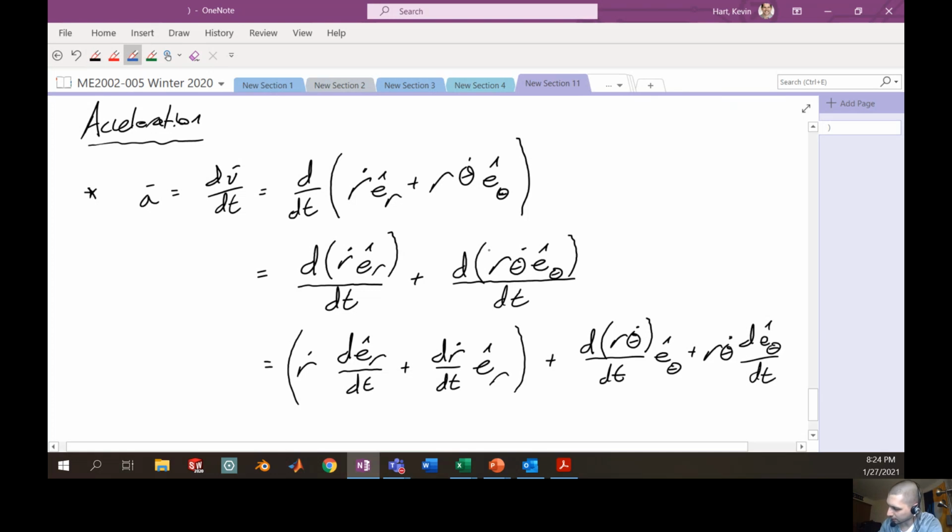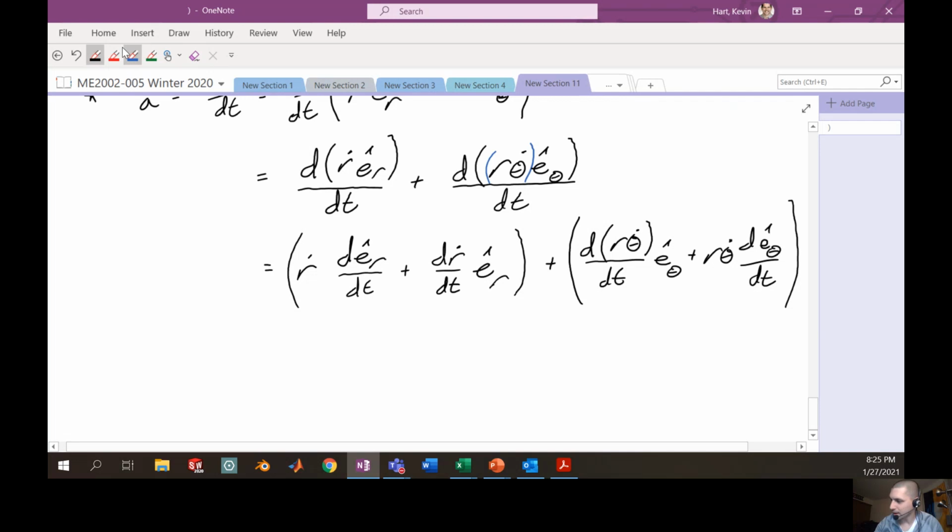Okay, so this is term number 1, and this is term number 2. You can sort of go through all the math here, but we have a lot of these pieces of information.